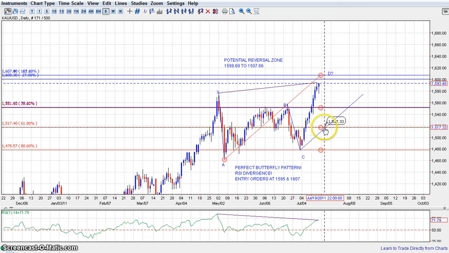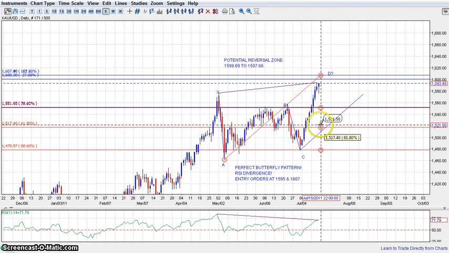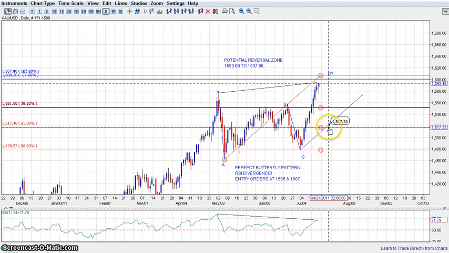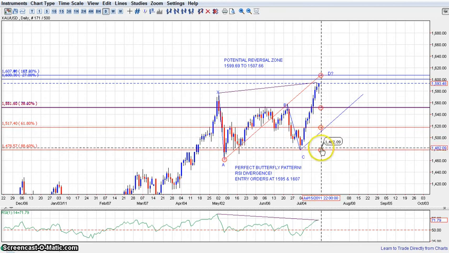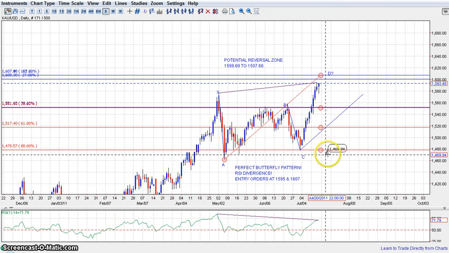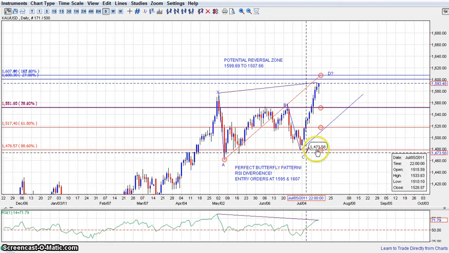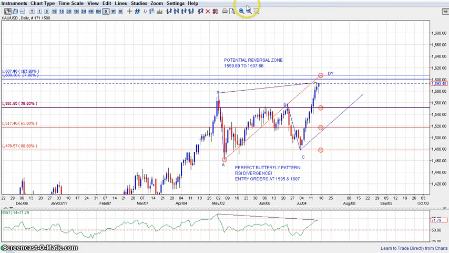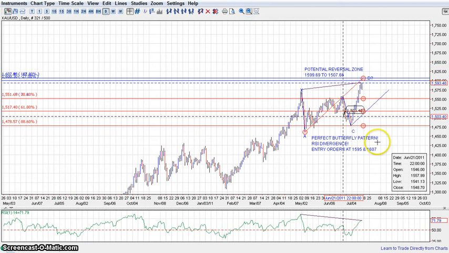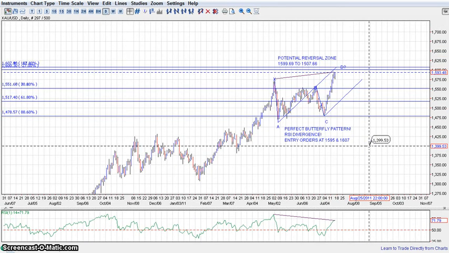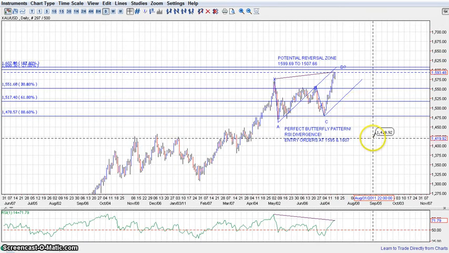Then when price reaches the 61.8 retracement of the AD leg, which is 1517.40, I'll take partial profit. But ultimately, I'm looking for price to close below the 88.6 retracement of the AD leg, which will be at 1478.